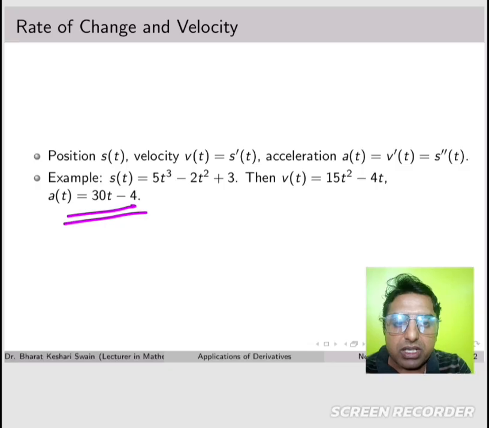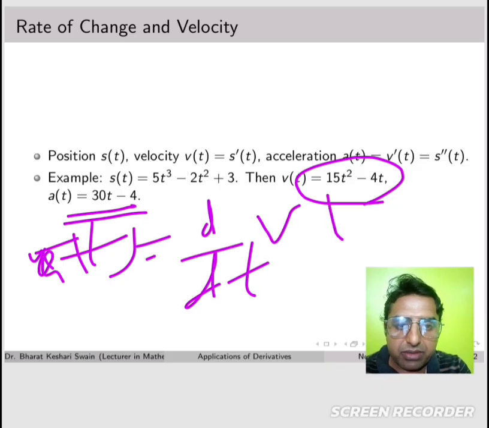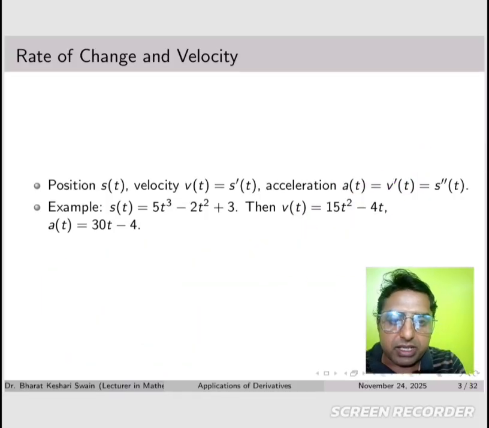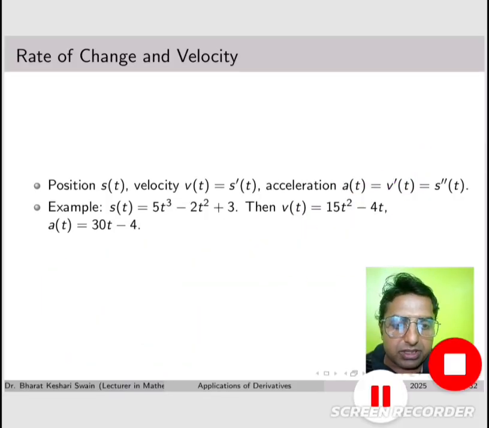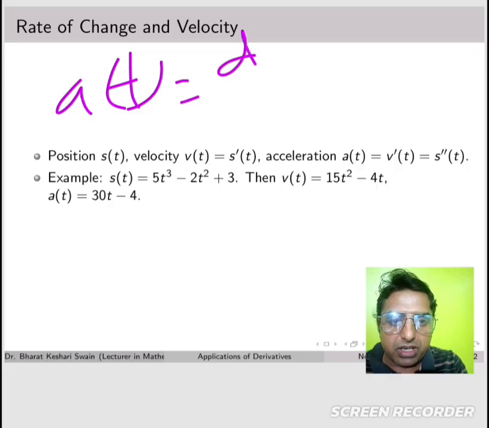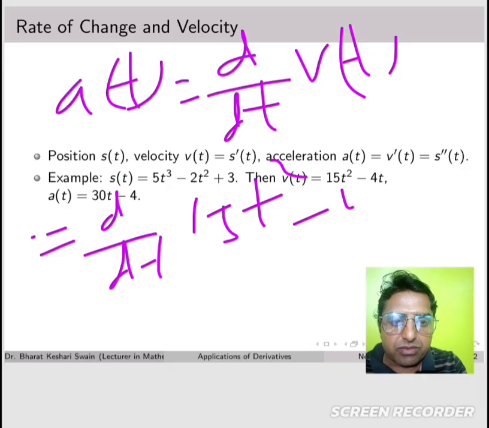Acceleration a of t is again the derivative of v of t, so we differentiate the velocity with respect to time again. a of t is d by dt of 15t square minus 4t.